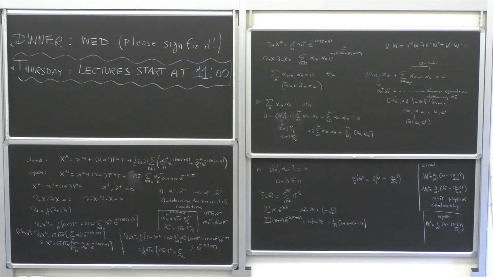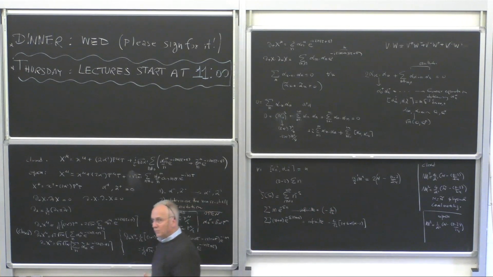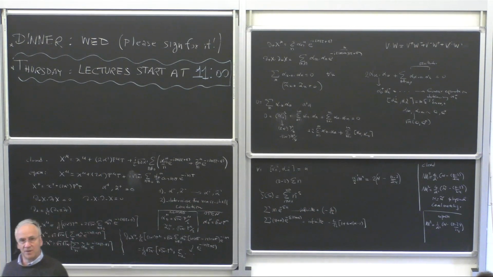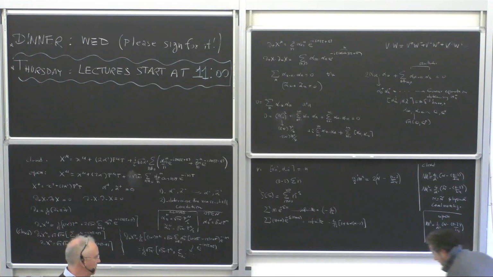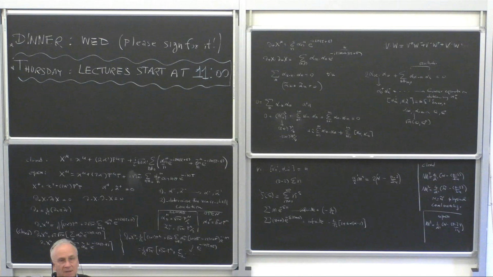But in this way of doing things, we don't have manifest Lorentz invariance because we have eliminated the oscillators. It's like electrodynamics in the light-cone gauge. And in order to be sure that the spectrum is Lorentz invariant, you have to compute the commutator of the Lorentz charges, and make sure that it closes as it should on the Lorentz algebra.